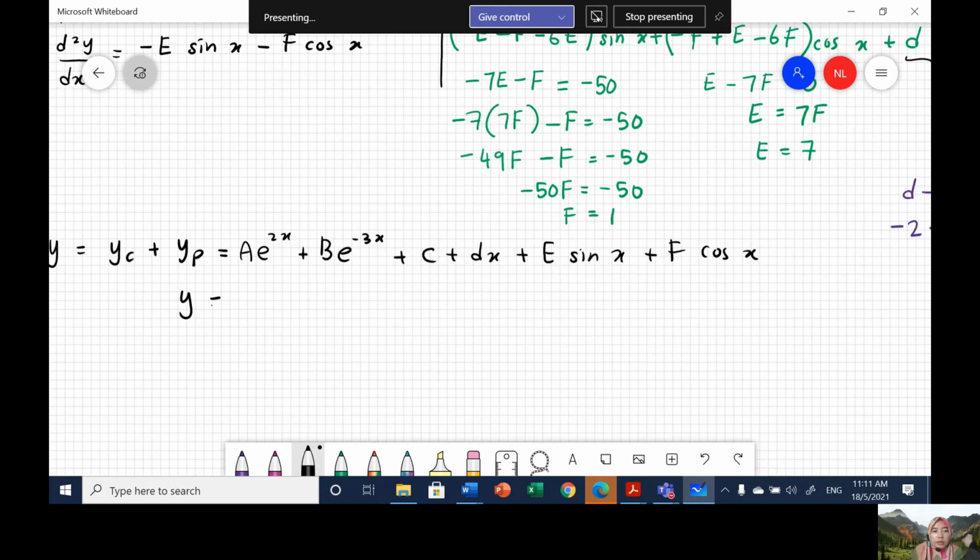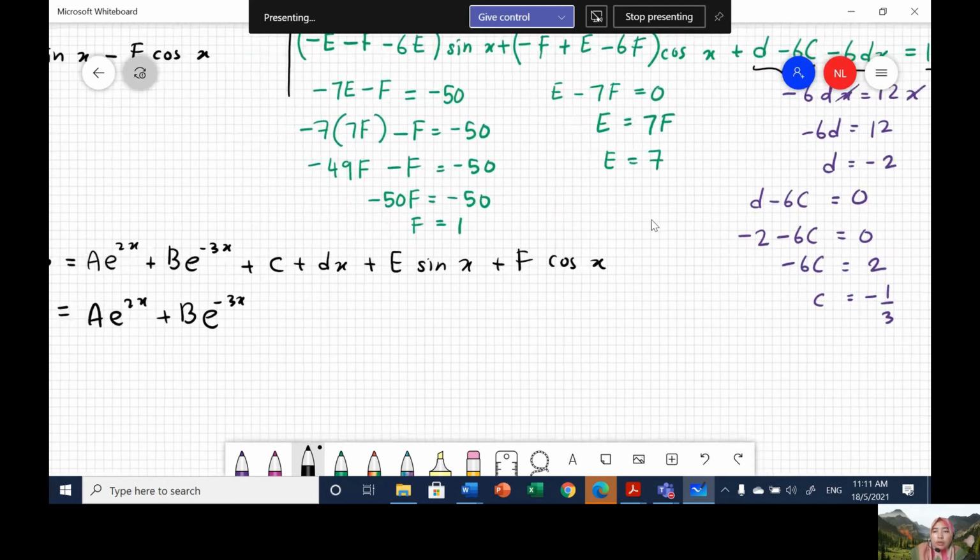So Y is, this is YC. C, just now we have negative 1 over 3, so minus 1 over 3. D is our negative 2, so we have minus 2x. E is 7, so 7 sin x. F is 1, then plus cos x. So this is our general solution.